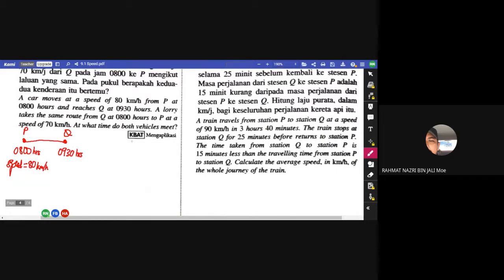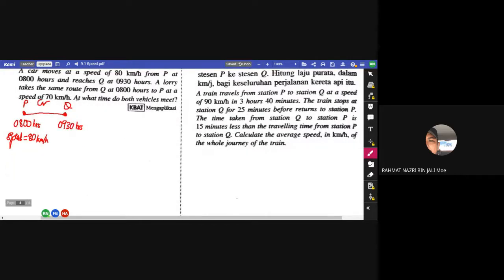Okay, bagus. A lorry takes the same road from Q, this is the car, and then the lorry takes the same road from Q at the same time, 0800, to P at a speed of 70 km per hour. At what time do both vehicles meet?